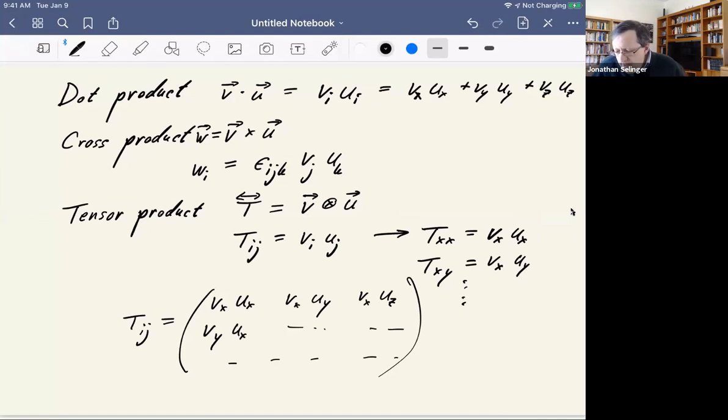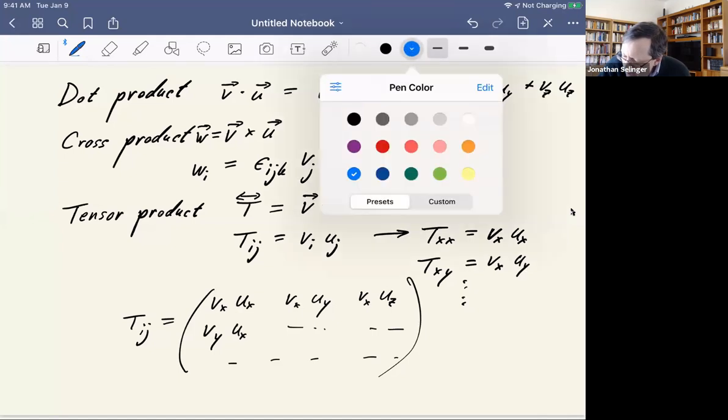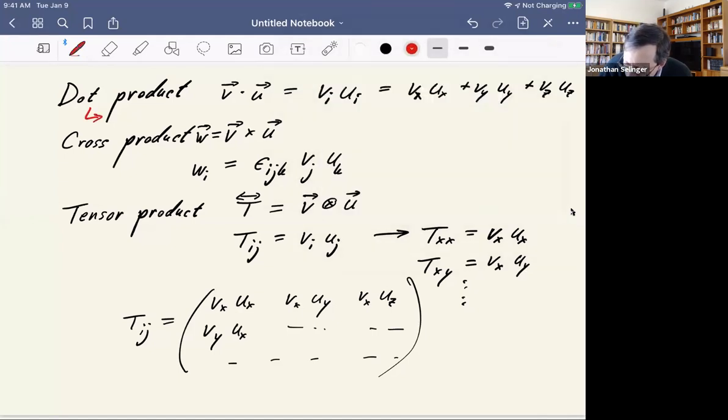And so, you know, there are 3 different kinds of products, and they produce different sorts of output. Right? So they produce the output of a scalar and a vector and a tensor. And in particular, a tensor of rank 2.